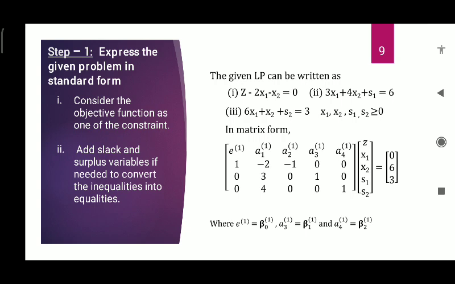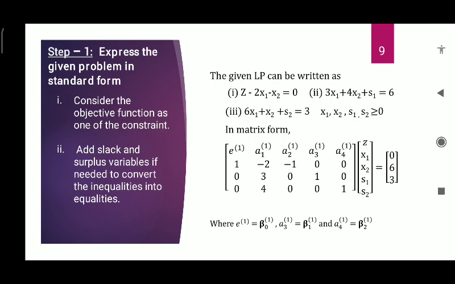Now we shall express the given linear programming problem in standard form. We are going to use the standard form 1 of the revised simplex method. For that, let us consider the objective function as one of the constraints and add slack and surplus variables if needed to convert the inequalities into equalities.